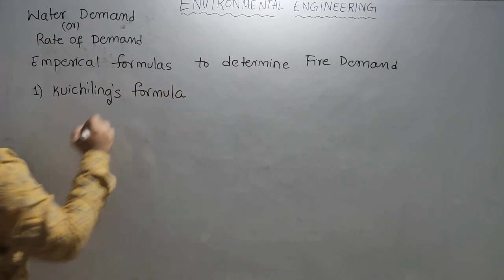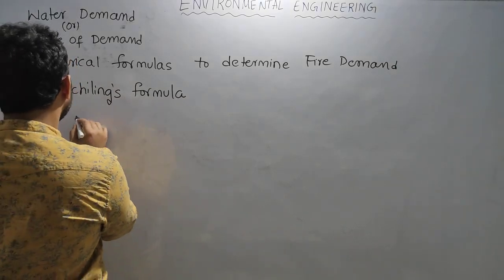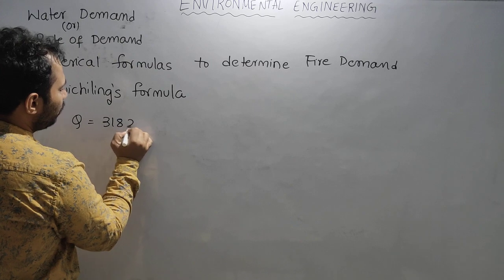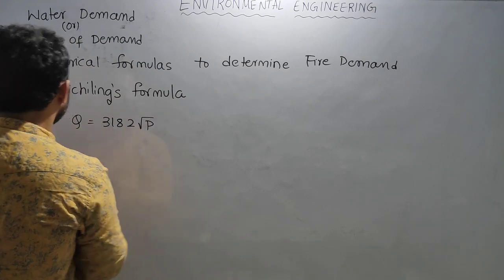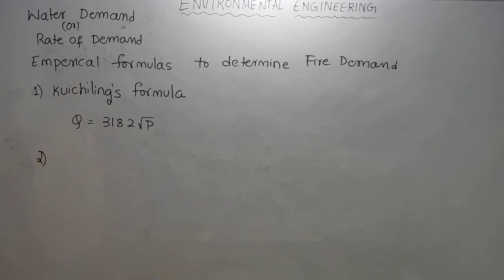The first one is Kuchling's formula. Q is equal to 3182 square root of P. It is Kuchling's formula. And the second formula is Freeman's formula.